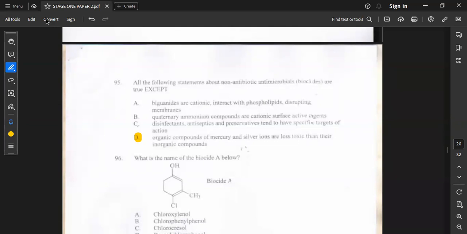Then, surface active agents. I'll share these notes with you. It's from Dr. Yasod. I'll share it in the group.